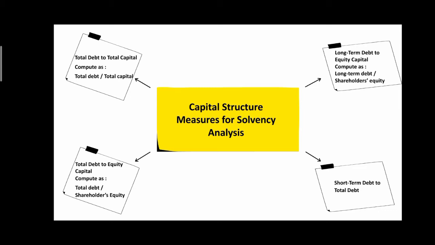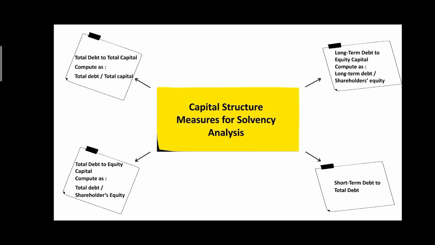It's computed as total debt divided by total capital. And the second is total debt to equity capital. Another measure of the relation of debt to capital source is the ratio of total debt, as defined above, to equity capital. The total debt to equity capital ratio is defined as total debt divided by shareholders' equity.